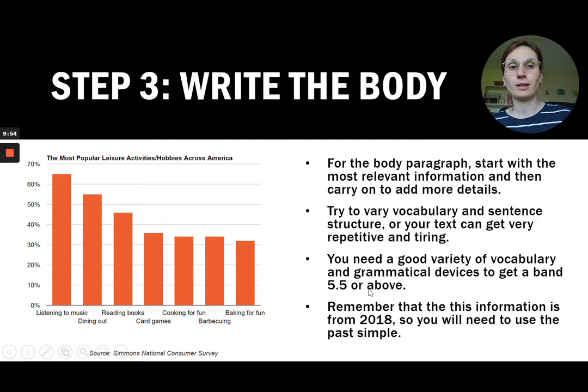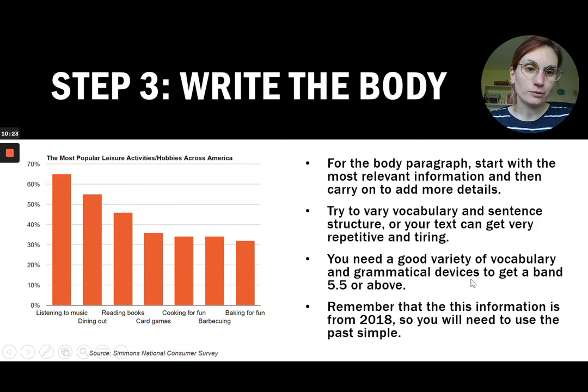Let's write the body. For the body paragraph, start with the most relevant information and then carry on to the other details. Try to vary your vocabulary and sentence structure, or your text can get very repetitive and tiring, and that will also not work very well for your IELTS band.